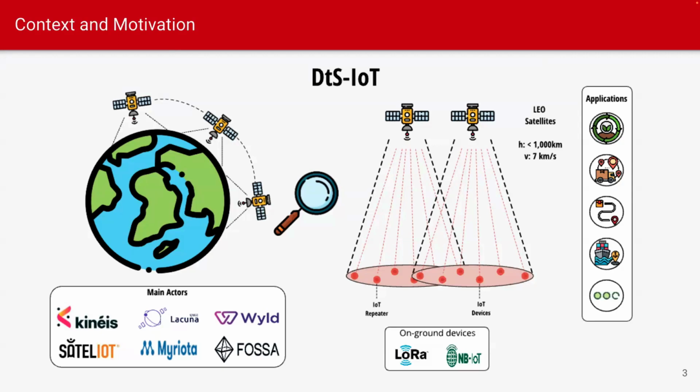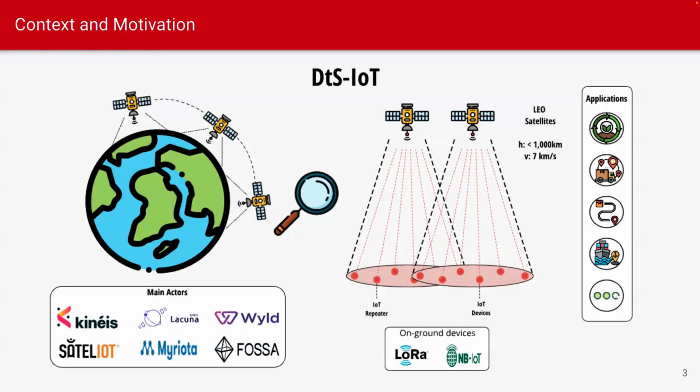Based on that, in order to have global coverage and continuous connectivity, we need to deploy several satellites, in this case LEO satellites, to create a constellation. In this way, we are able to create global continuous connectivity.